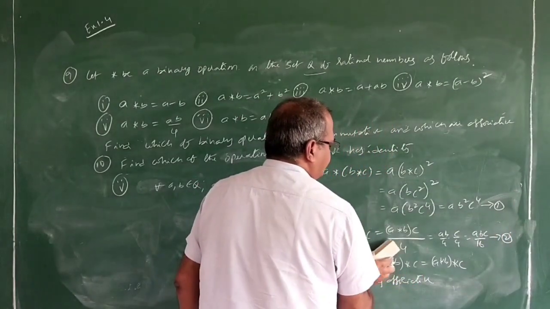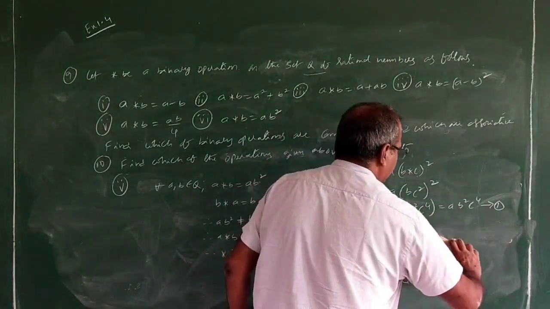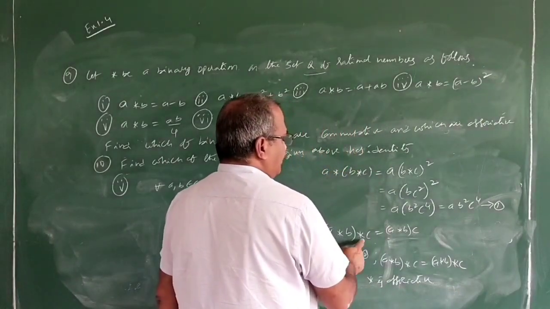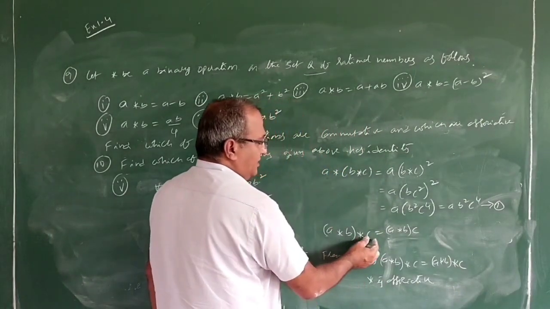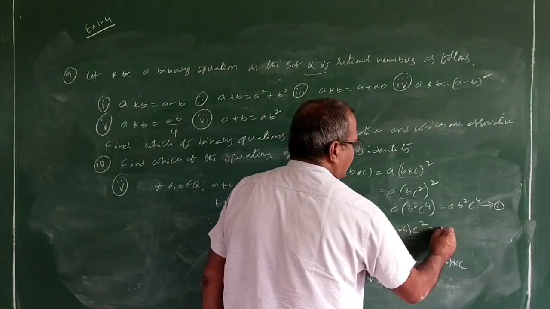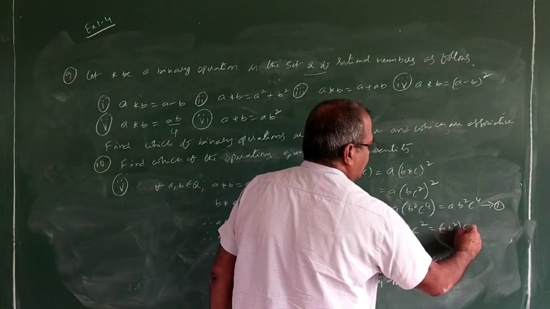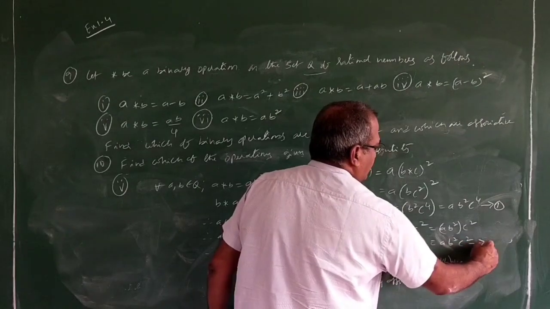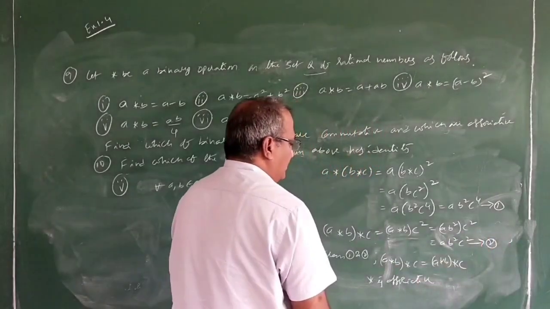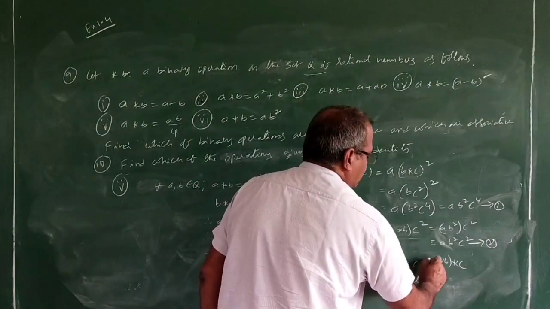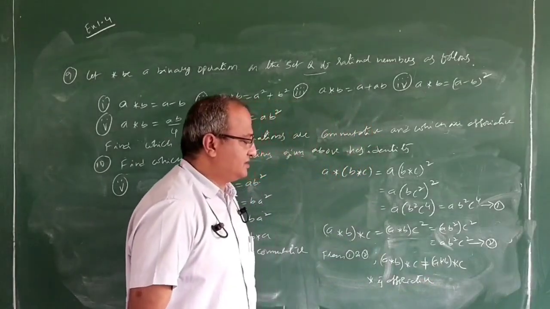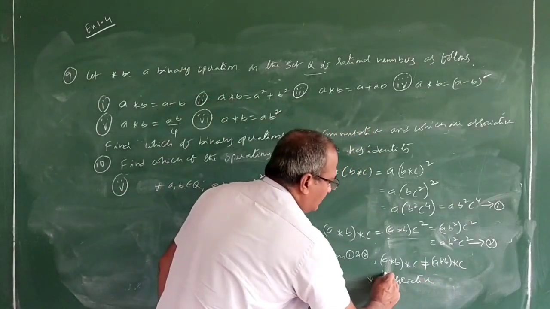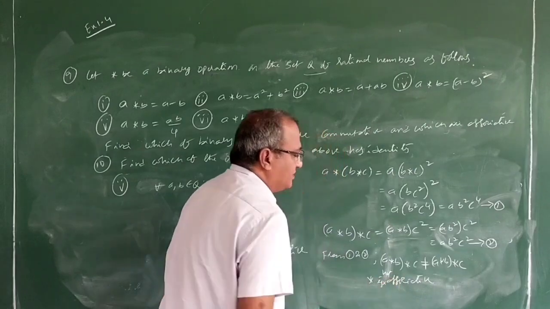Next, A star B star C: A B square is C square, A B square C square. You take this as 2. Therefore, A star of B star C is not equal to A star B star C. Therefore, star is not associative.